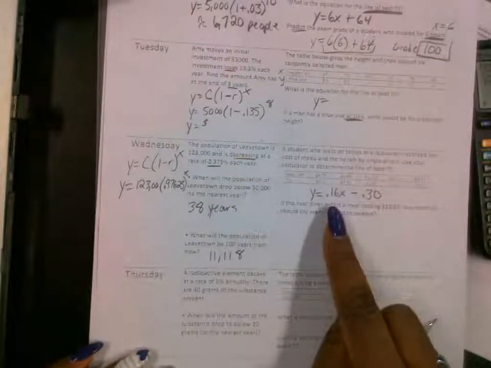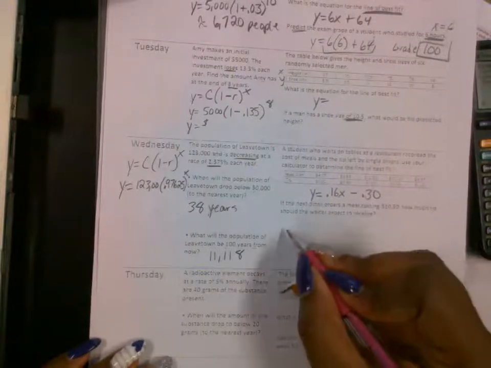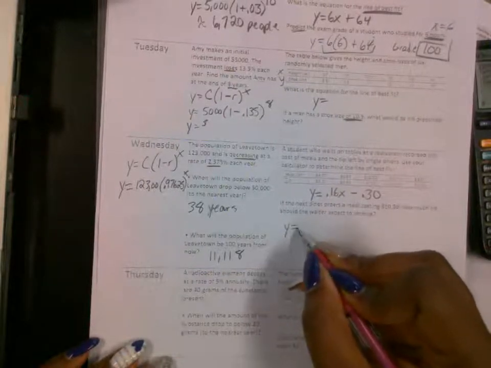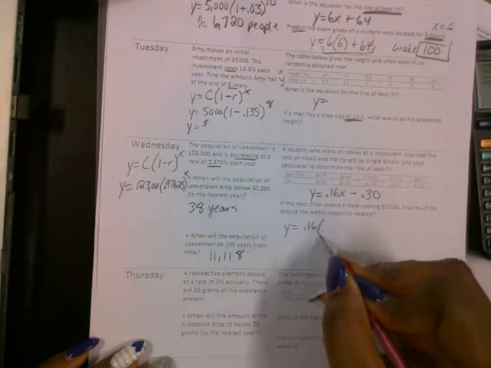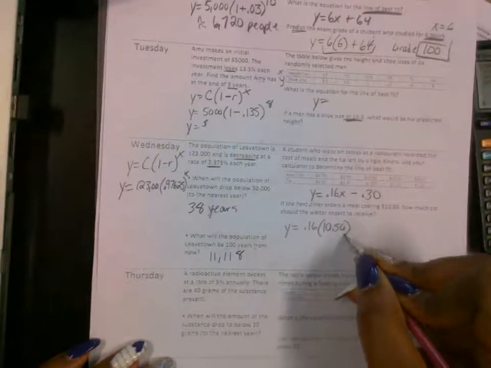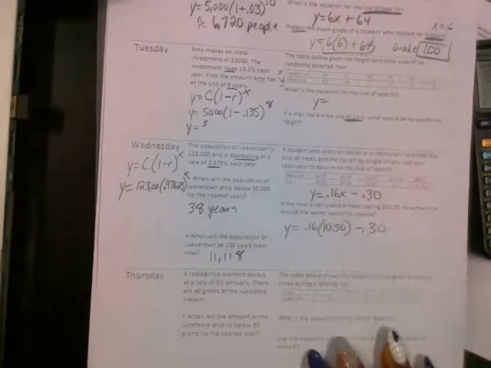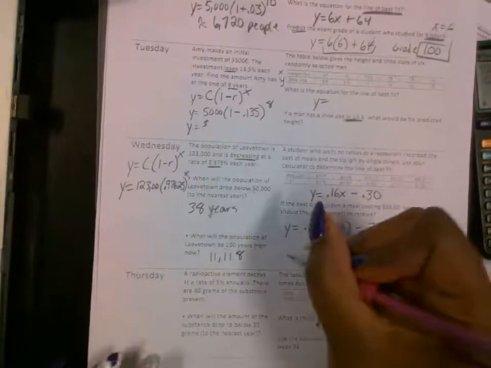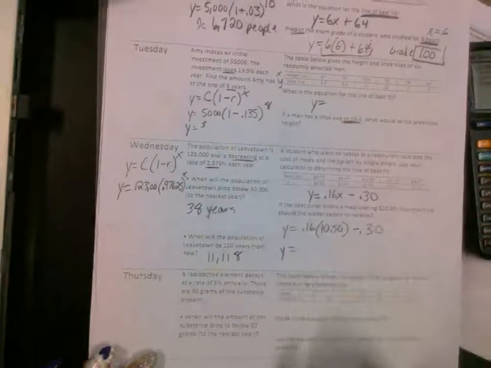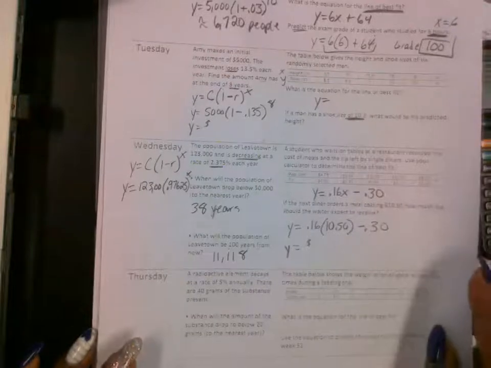So we need to figure out how much the tip is going to be. That's y. So y is equal to 0.16 times the $10.50 for the X, the cost of the meal, minus the 30 cents. When we type that in, that's going to give us how much the tip is going to be. Any questions, comments, or concerns?